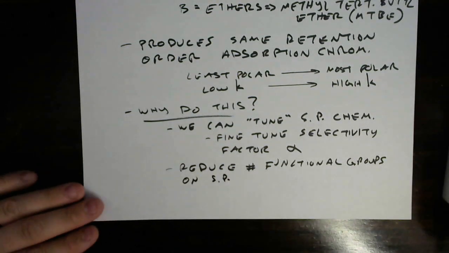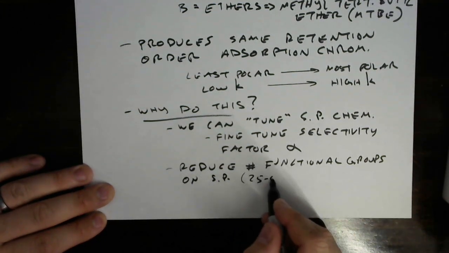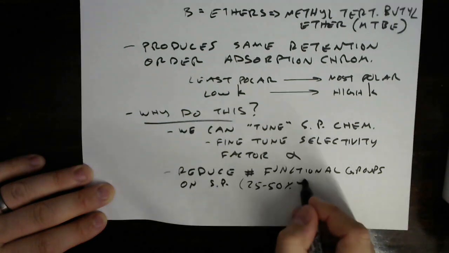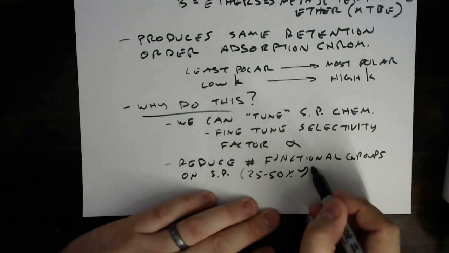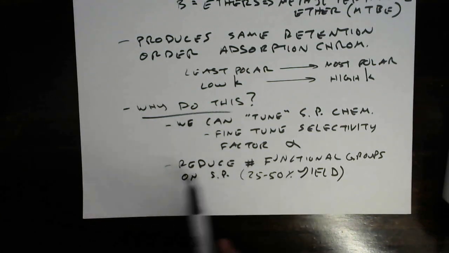What does that mean? It's that 25 to 50% yield I was talking about. That low yield means that we have a lot fewer sites of binding.